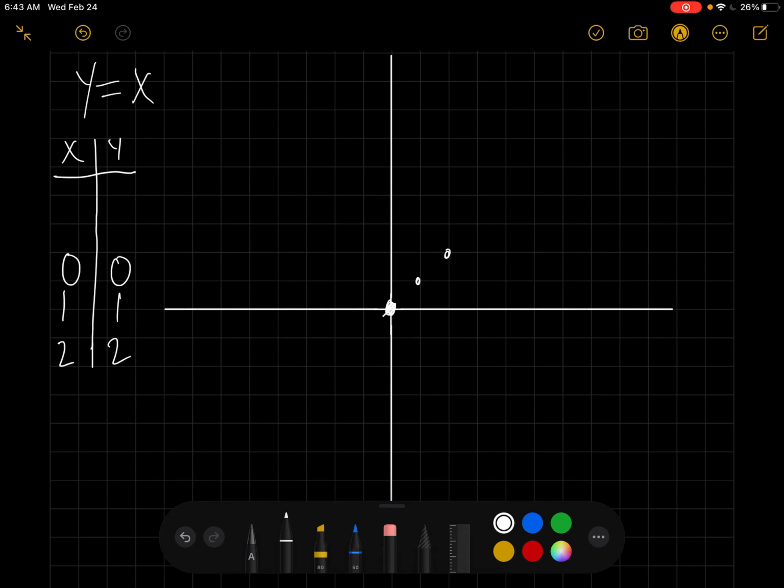So our points would be right here. And then say we were to plug in -1, we would get an output of -1. If we were to plug in -2, we would get an output of -2 as well, right? So our linear function looks like this. For every input that we plug into this function, every x value, we get exactly one output.